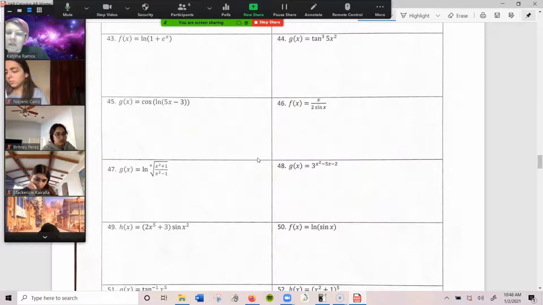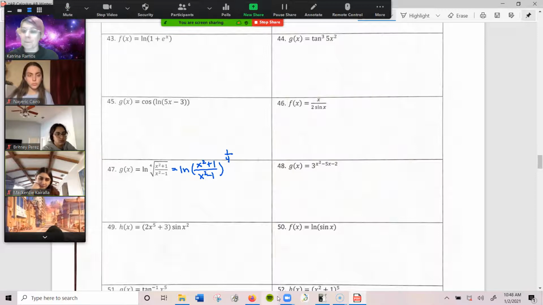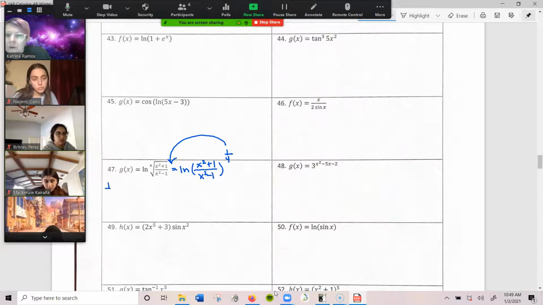So for example, this is the ln of x squared plus 1 over x squared minus 1 raised to the 1/4, right? This exponent can get moved to the front as the coefficient. So 1 over 4 ln of x squared plus 1 over x squared minus 1.